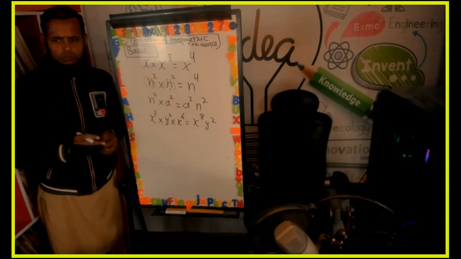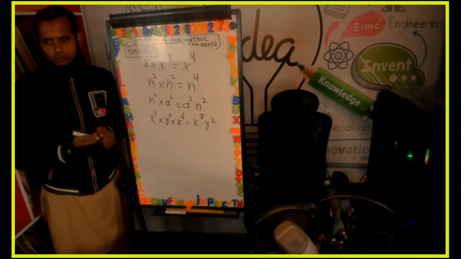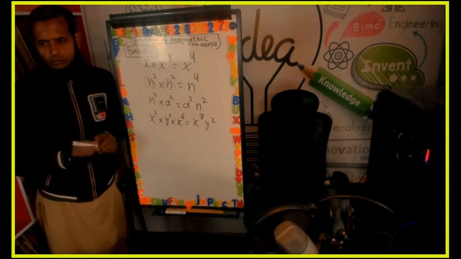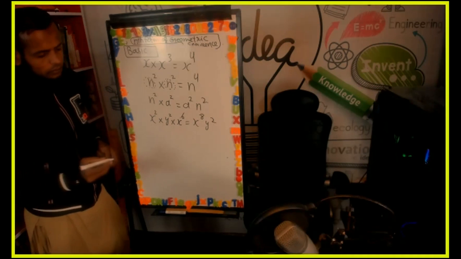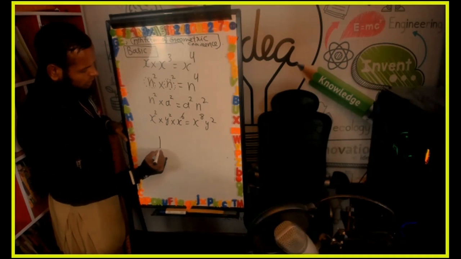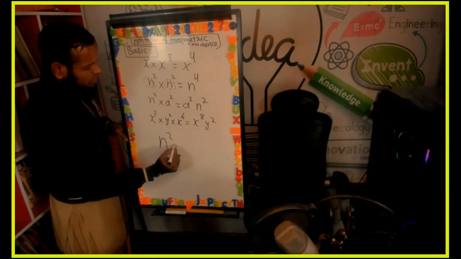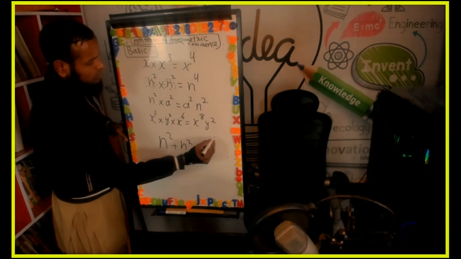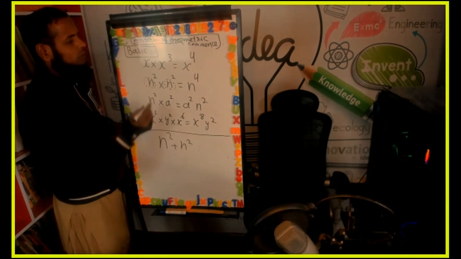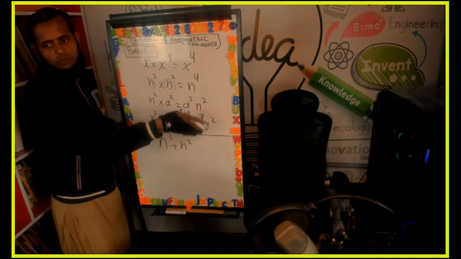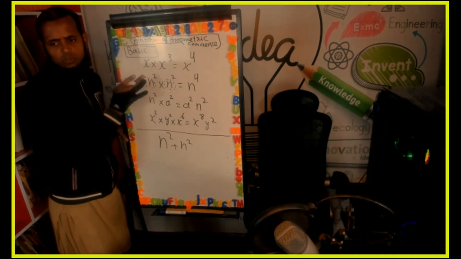Now we are moving to the quadratic sequence. n square plus n square. These are general rules, not only for quadratic. In math we use these rules.